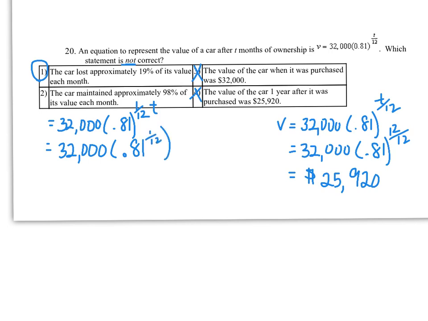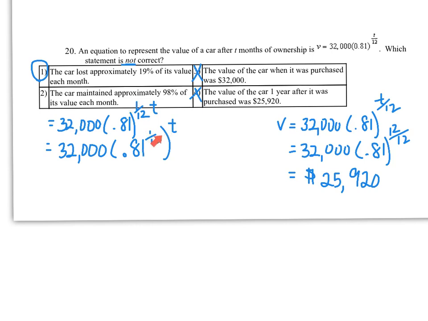I'm moving the 1/12 inside the parentheses, staying as an exponent, and then to the T power, I'm leaving the T on the outside. All right, so this is why I'm doing that. Because remember, if I have an exponent raised to another exponent, right, power to a power, we can multiply these two. So when I multiply 1/12 times T, don't I get 1/12 T?